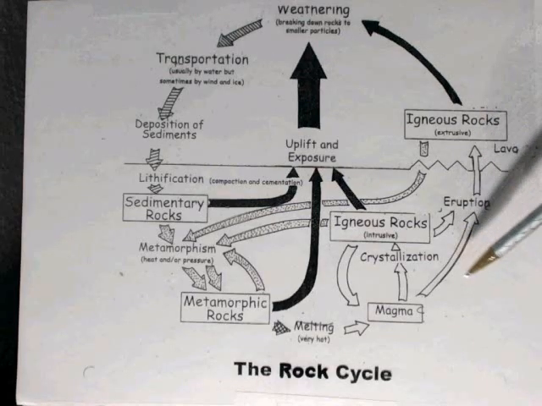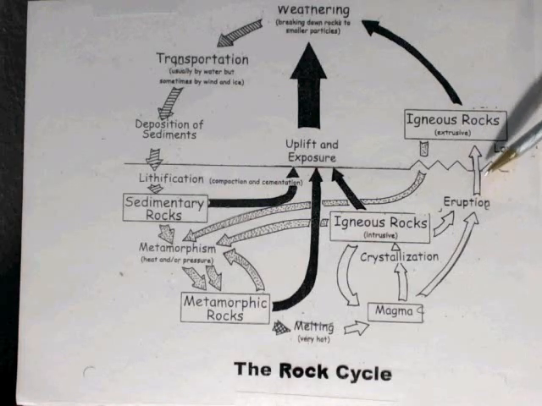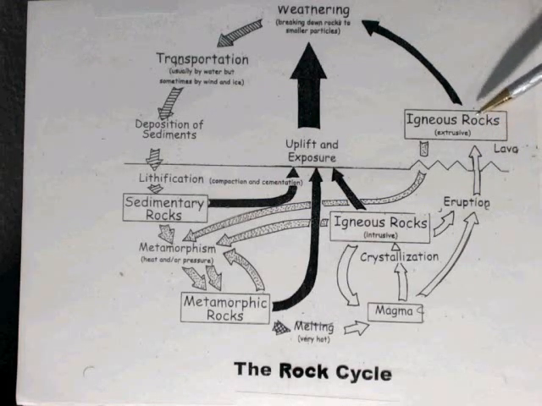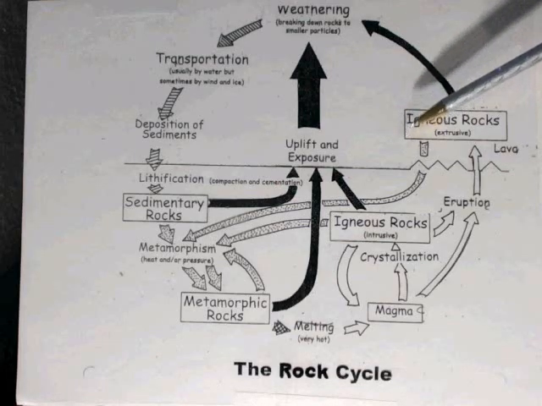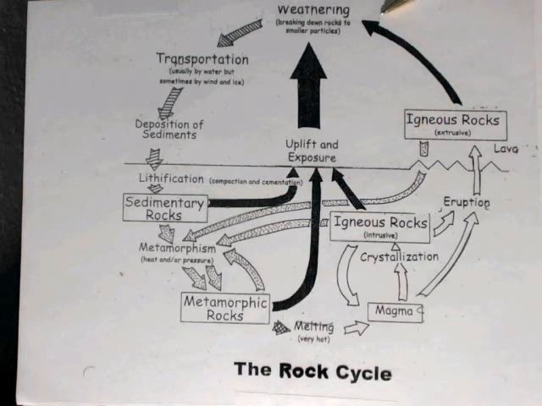Okay, so let's say we have igneous rock, either intrusive or extrusive, and somehow we get uplift and exposure to the Earth's surface to where we can have weathering take place. And weathering can be probably both here. Physical weathering or mechanical weathering, where you physically break down the rock to smaller particles, or perhaps we have chemical weathering, so chemically you're acting on the rock.